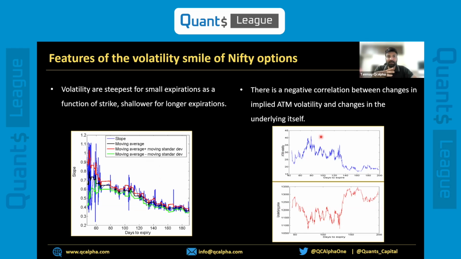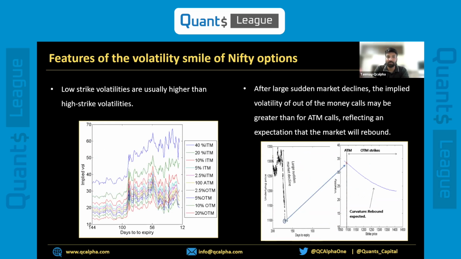This is valid when we are moving within 1 or 1.5 standard deviations, so when we move just 0.5% or 1% or 2%. But when we go out of that range, when we see a 4 or 5 sigma event, these changes don't occur and the distribution changes completely. Lower strike volatilities are usually higher than higher strike volatilities.